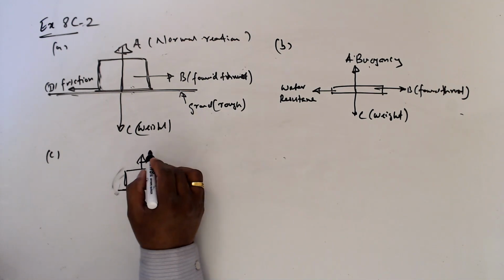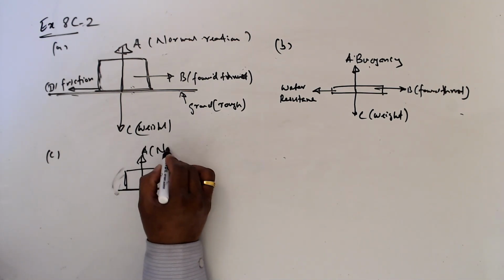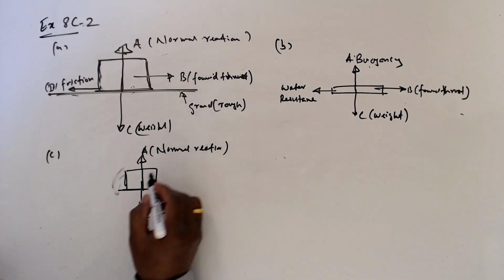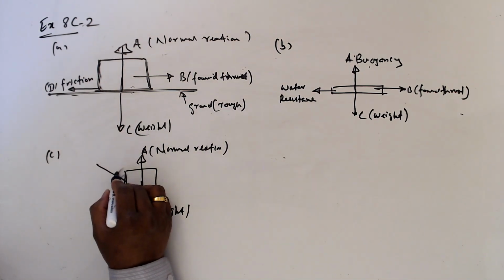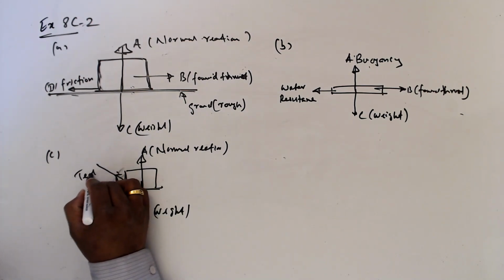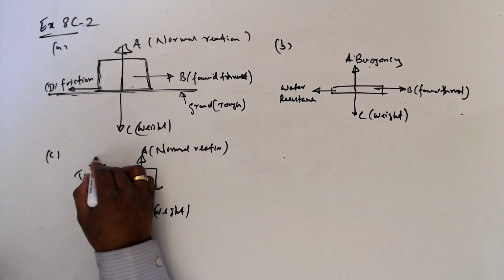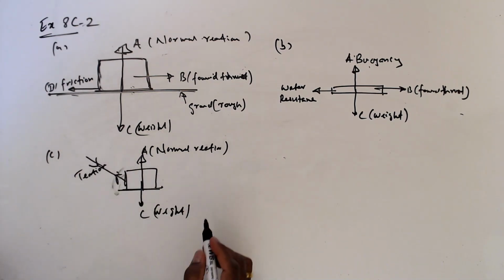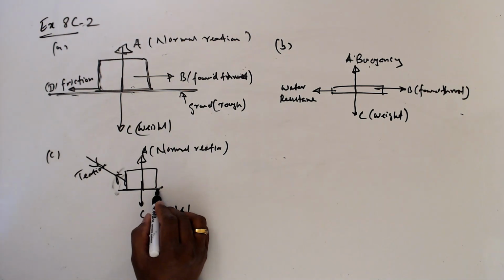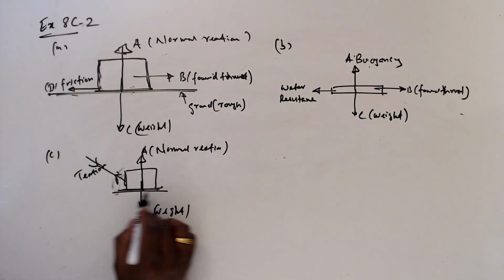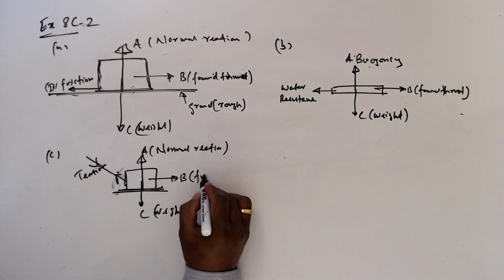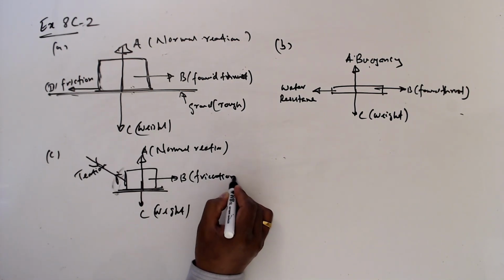Because of that, there is a normal reaction, and it was pulled, then the tension is there, and this is rough. Assuming this one is rough, so B is going to be the friction.